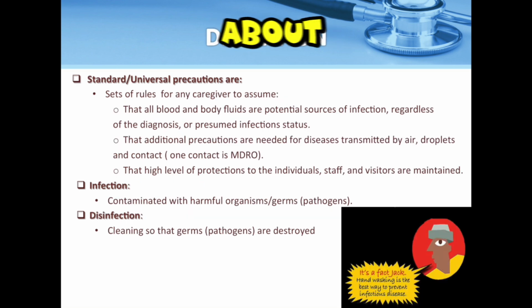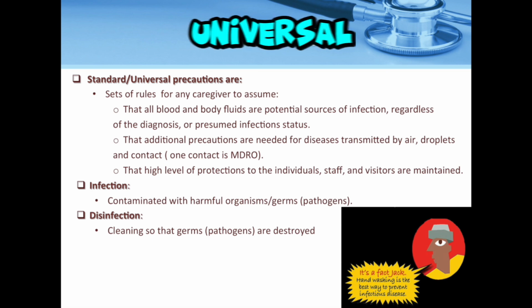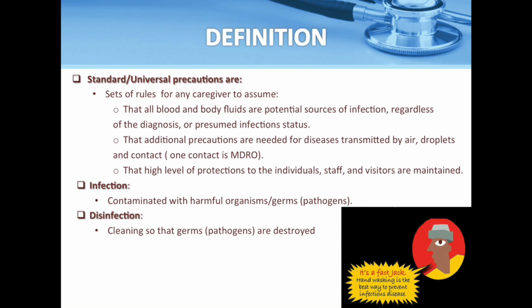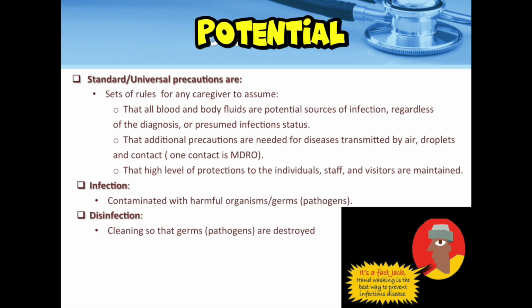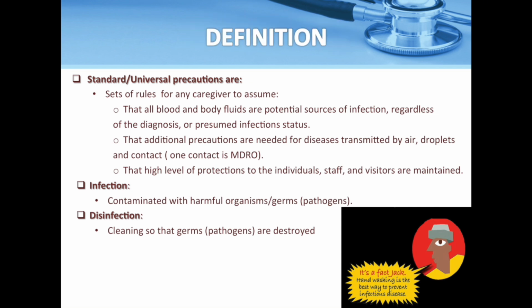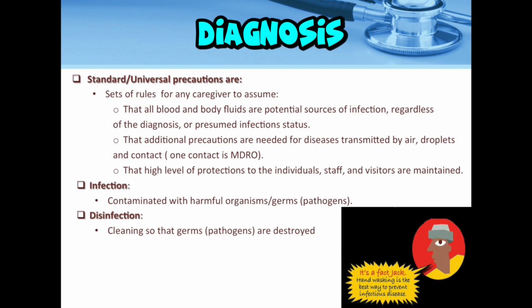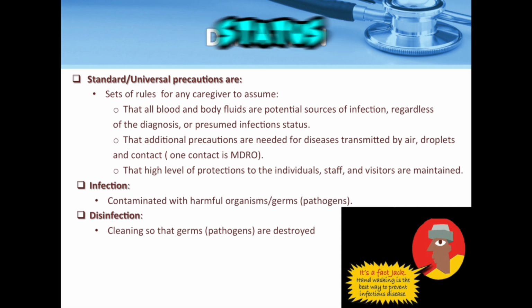We talk a lot about this, but what is really universal precaution? It is a set of rules for any caregiver to assume that all blood and body fluid are potential sources of infections, regardless of the diagnosis or presumed infection status.